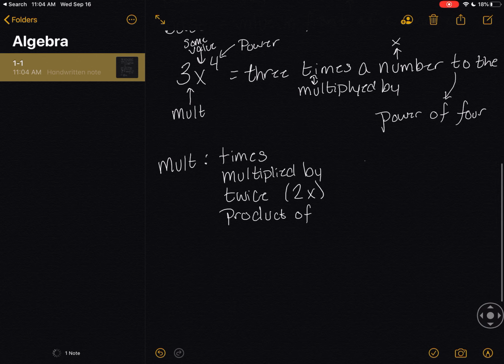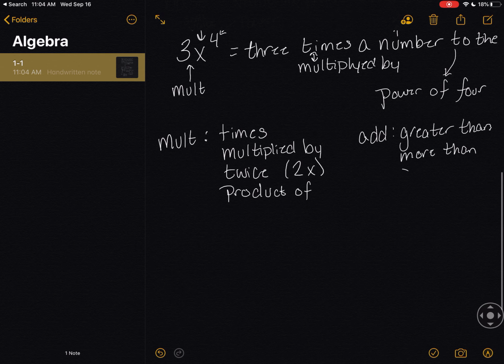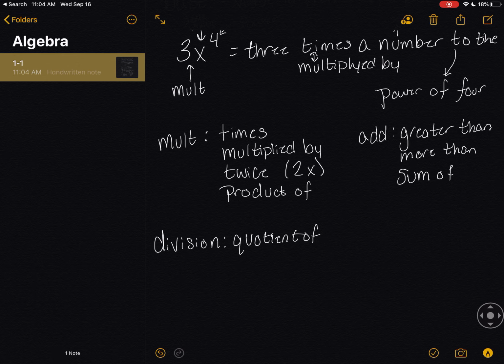If I am adding, I could say greater than. I could say more than. I could say sum of. If I am dividing, I could say the quotient of. I could say divided by.